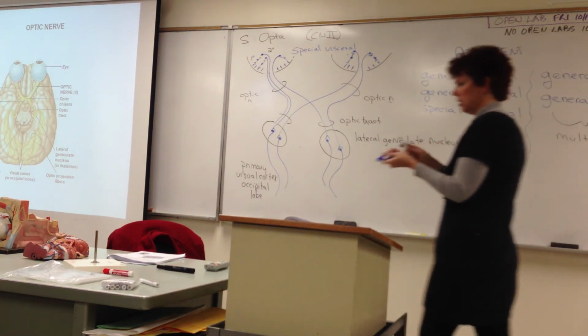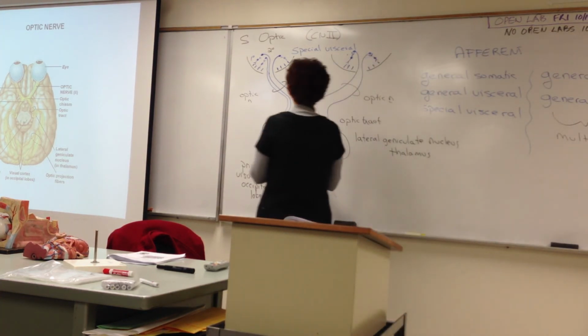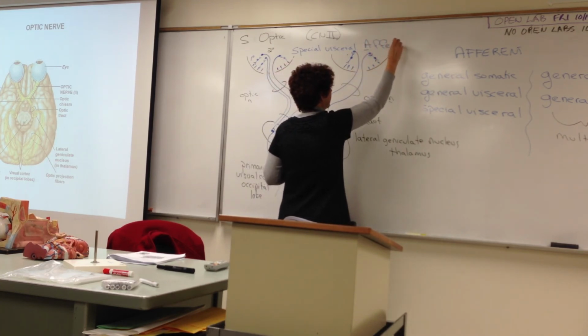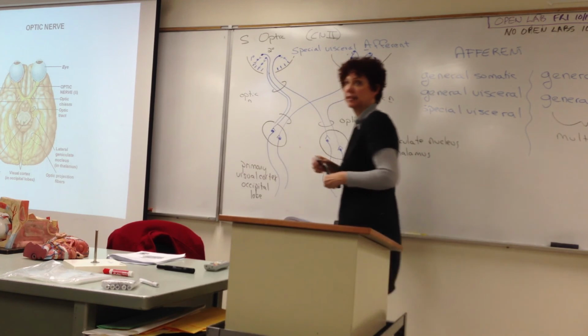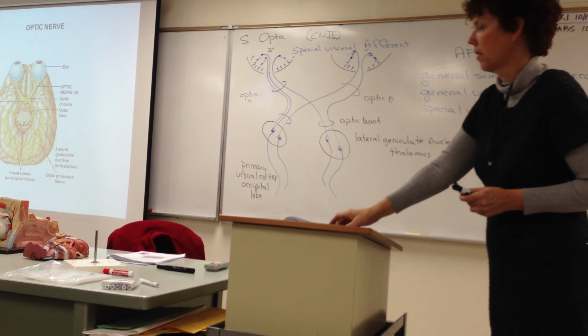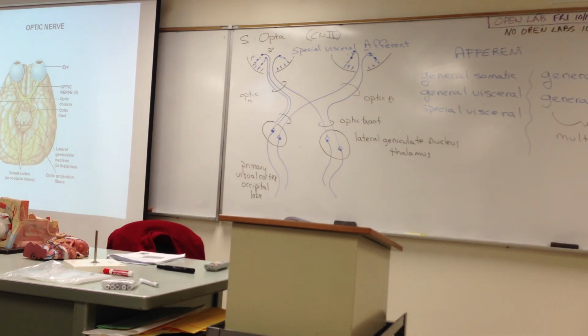And this is special visceral afferent for vision. And those are the 2 examples of bipolar neurons instead of pseudo-unipolar neurons.